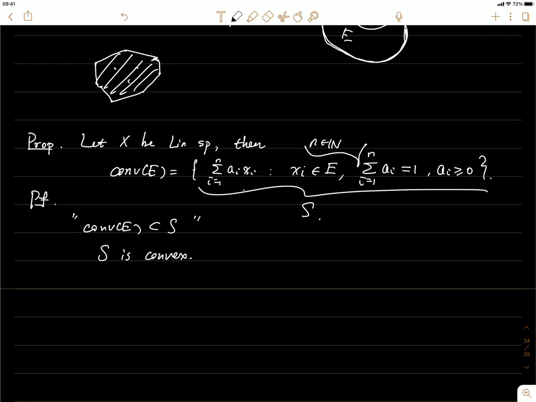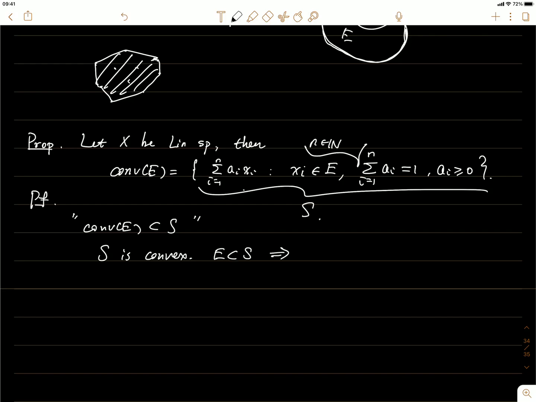These are the elements in S, so when you make a convex combination of 2 points, each one like this, it will still be inside S. So S is convex. Also, when you just pick any point from E without making any convex combination, you just say 1 times x, where x itself is from E, then apparently E is inside S. So S is convex and E is contained in S.